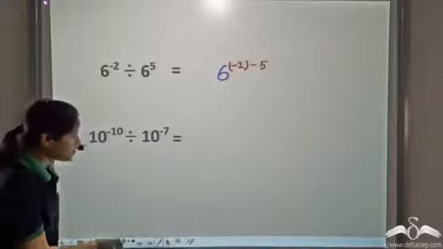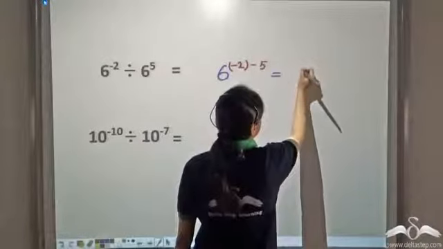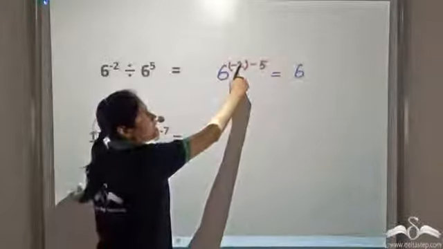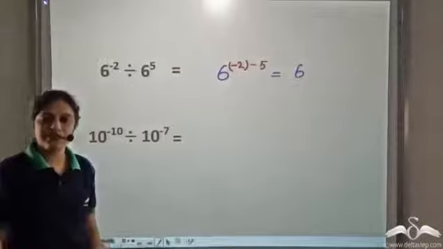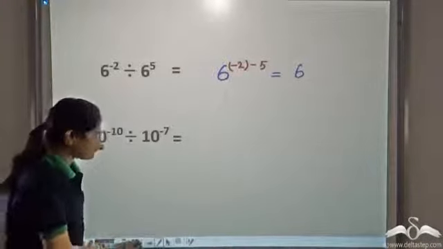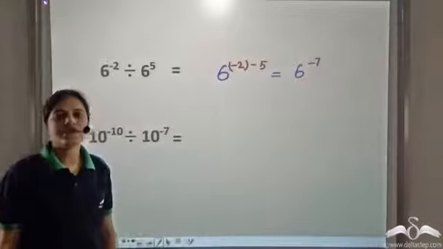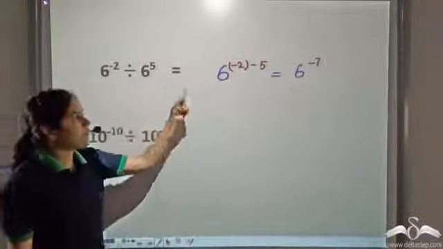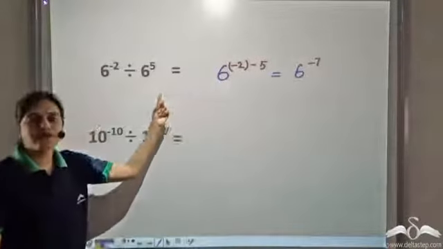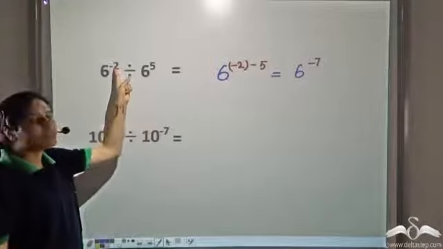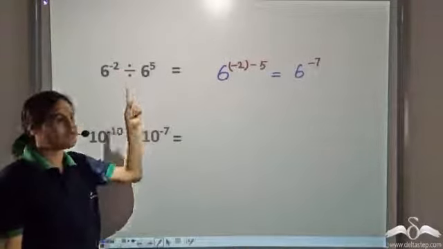So we get 6 to the power negative 2 minus 5, which is negative 7. So we have 6 to the power negative 7. We have applied the law of exponents for division. Here one of the powers was negative.